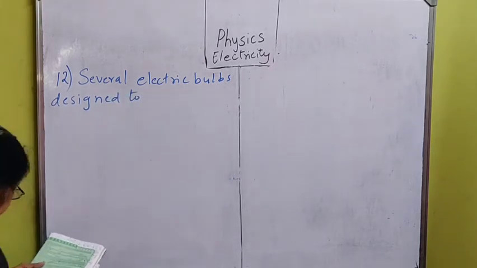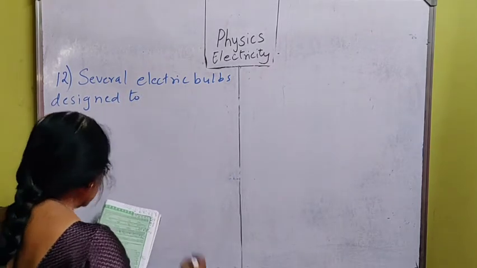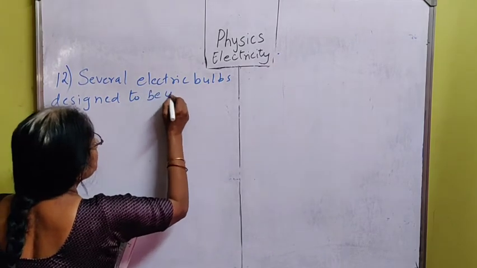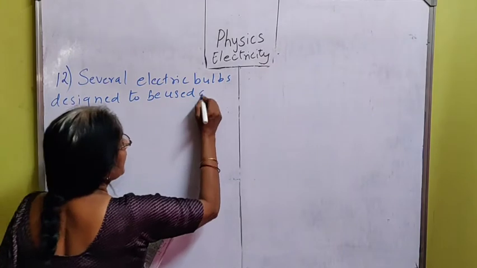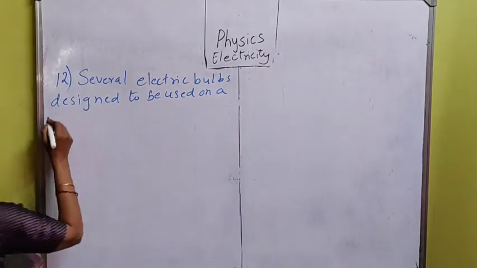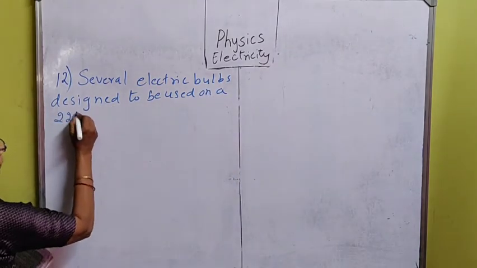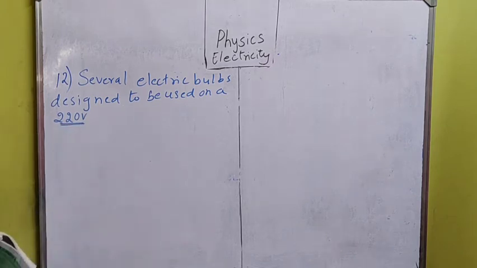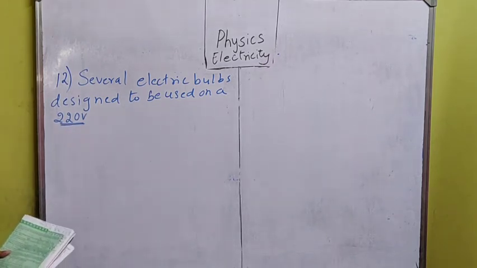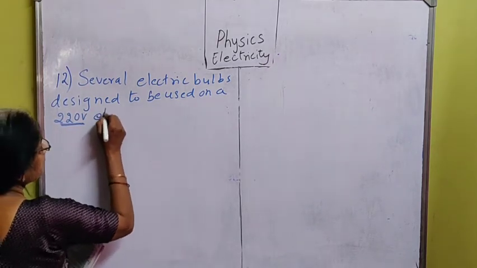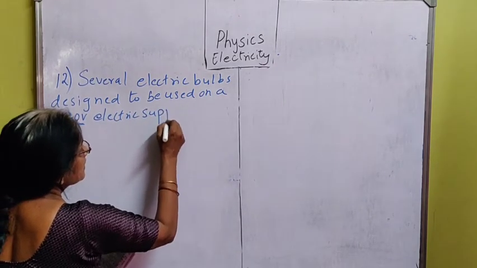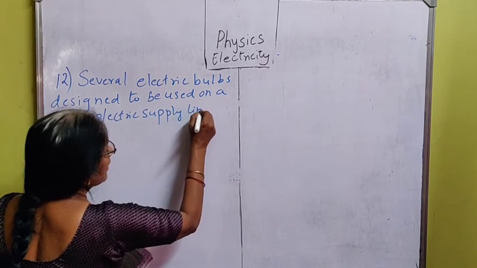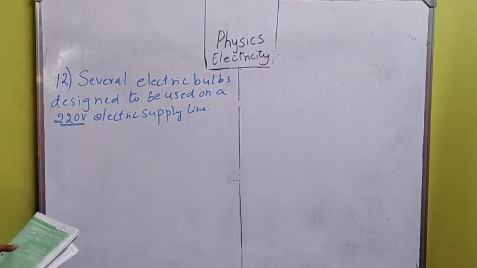Several electric bulbs designed to be used, very important, on a 220 volt electric supply line. So 220 volt electric supply line is there.